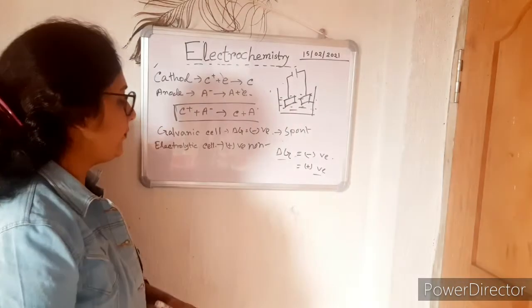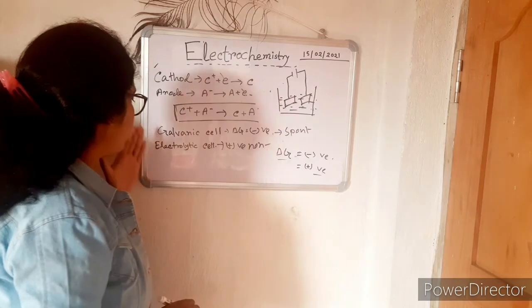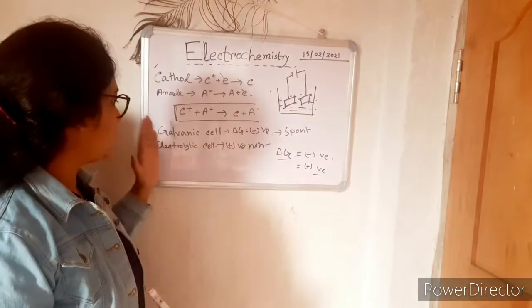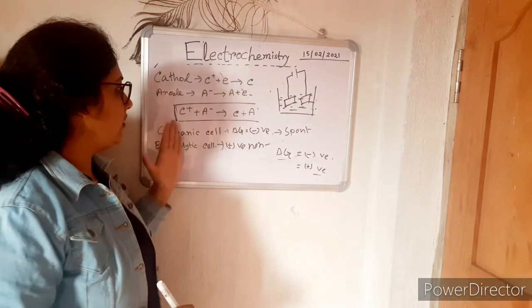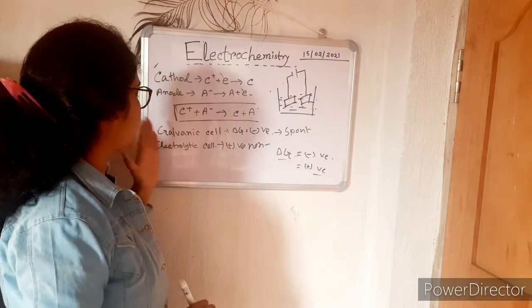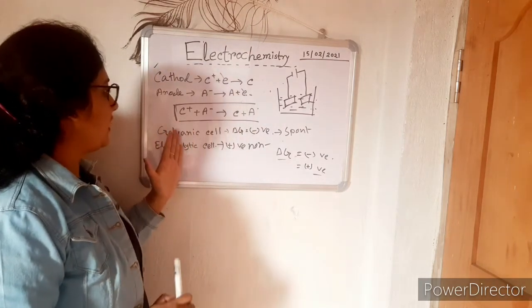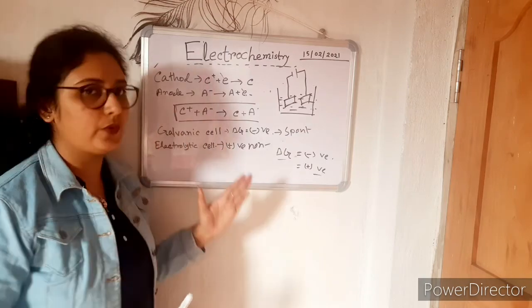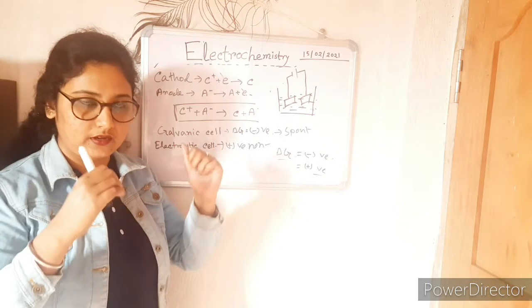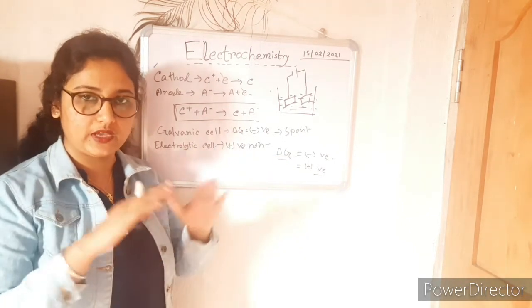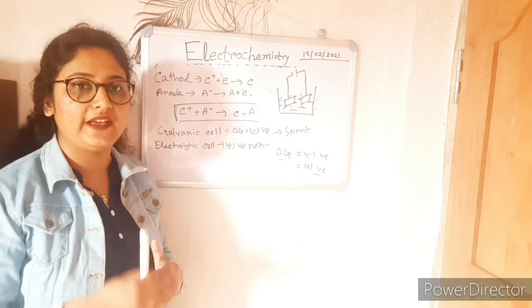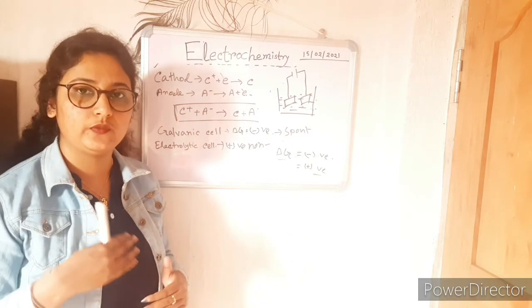Now why are the galvanic cell and the electrolytic cell important? In the galvanic cell, the full cell reaction is spontaneous, which means the chemical reaction will produce electricity. When you dip the electrodes, a spontaneous reaction happens, and by this spontaneous reaction electrons will flow.